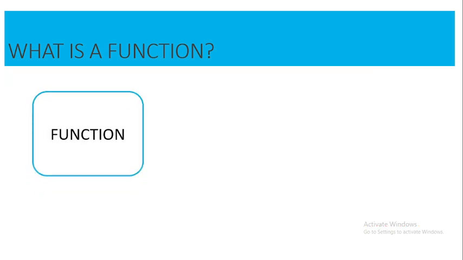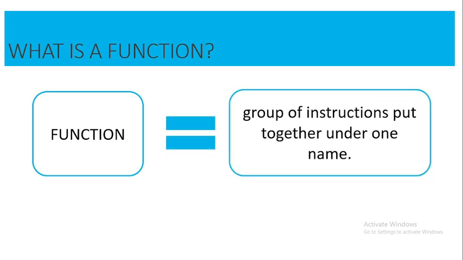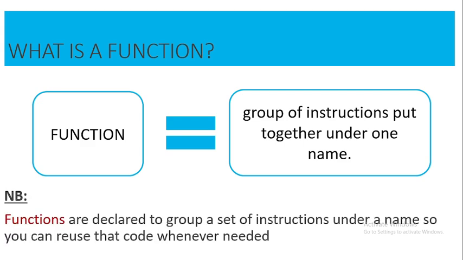So you can say a function is equal to a group of instructions put together under one name. We declare a function to group a set of instructions under one name.